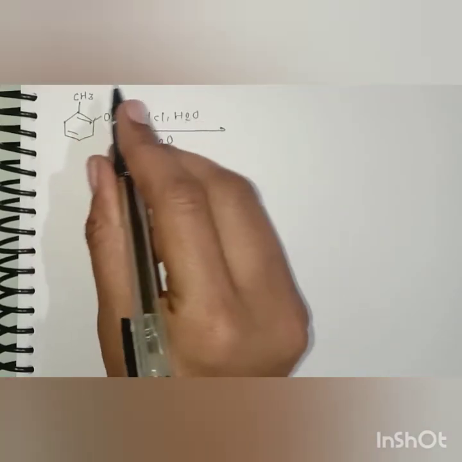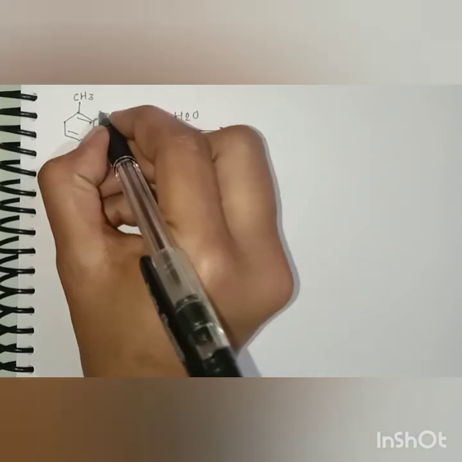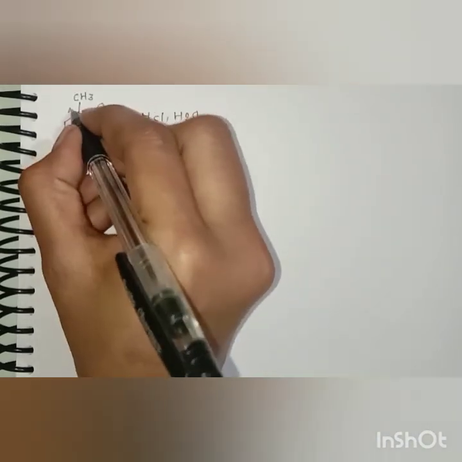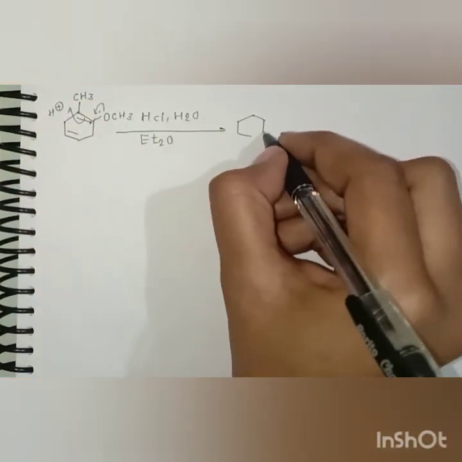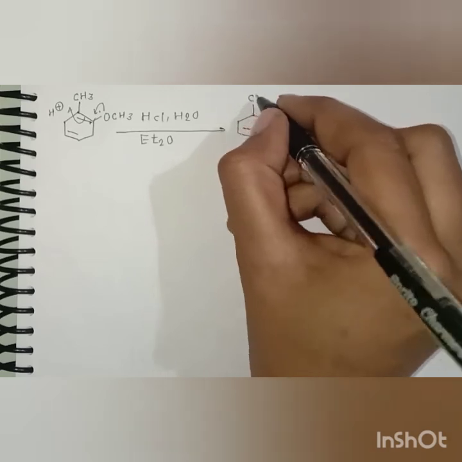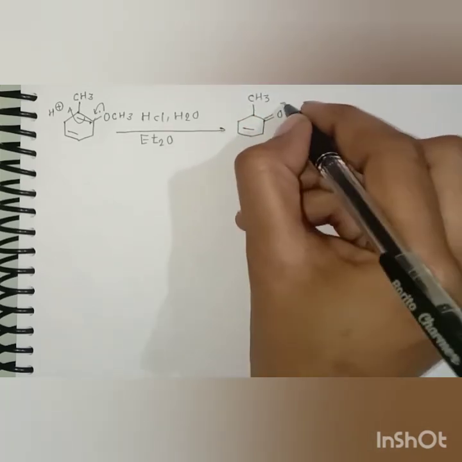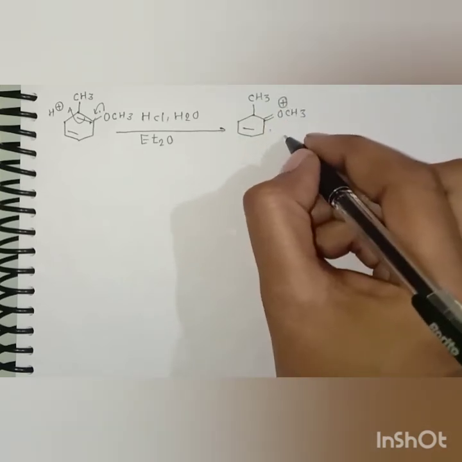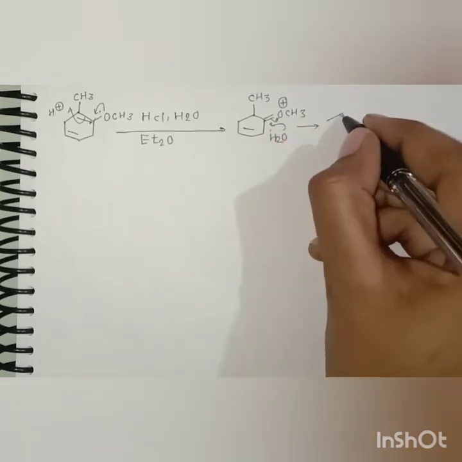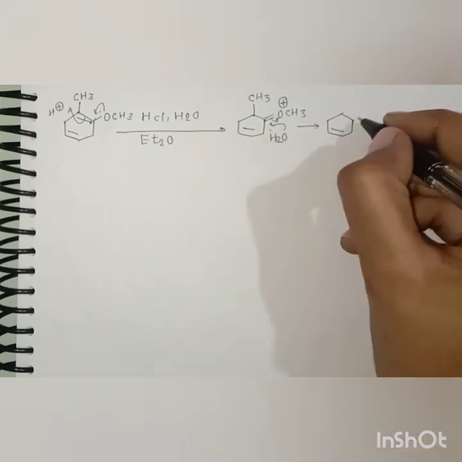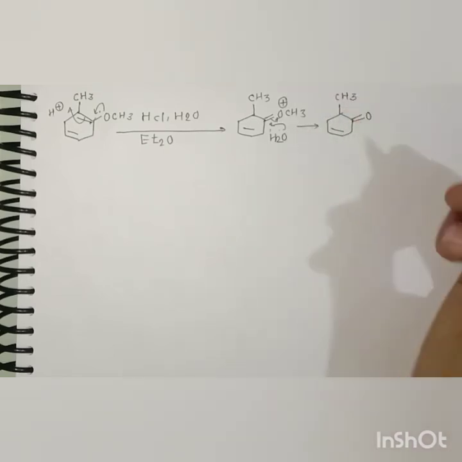And whenever the strong acid is given, firstly what happens, this enol gets hydrolyzed, and we get this beta gamma unsaturated system.